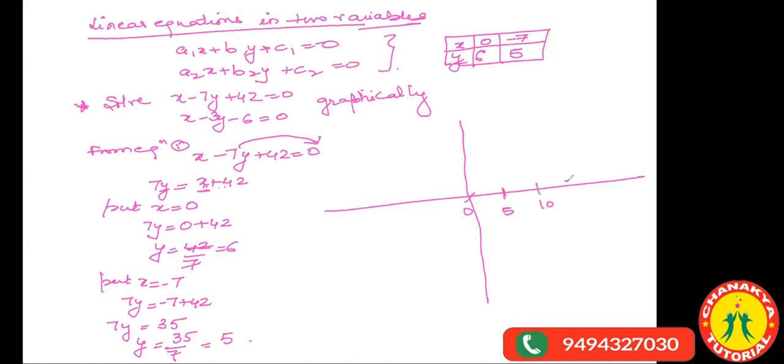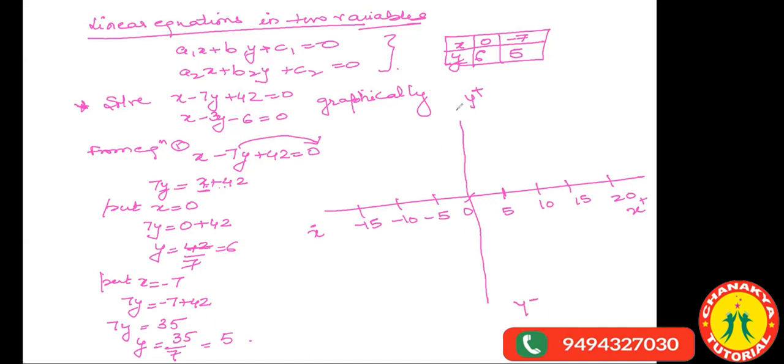And here minus 5, minus 10. Clear? This is your positive x-axis and this is your negative x-axis. The horizontal axis belongs to the x-axis. Now the vertical axis belongs to the y-axis. This will be the positive side and this will be the negative side.